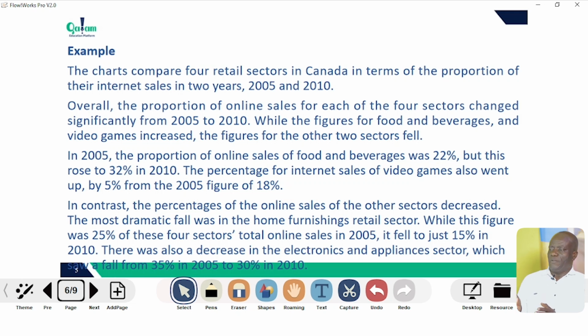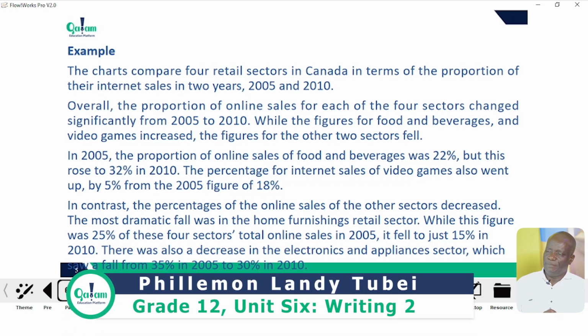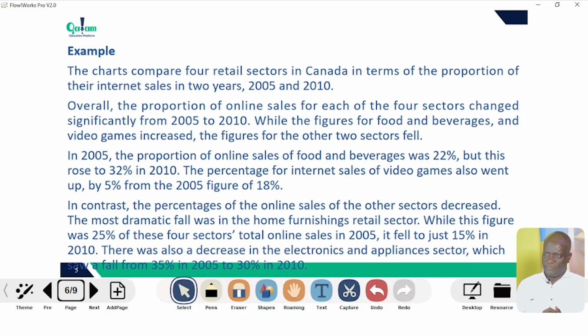Okay? So, there was also a decrease in the electronics and appliances sector, which saw a fall from 35% in 2005 to 30% in 2010. So what are we seeing here?